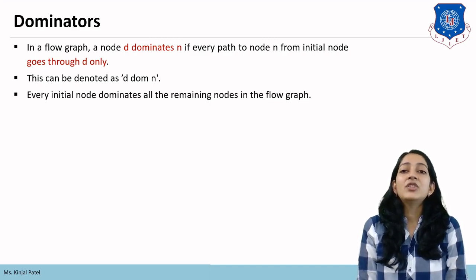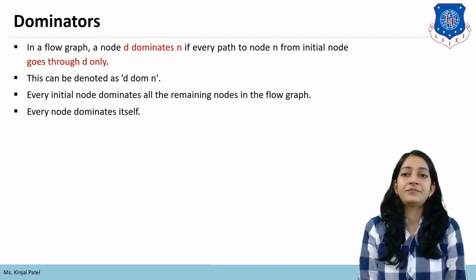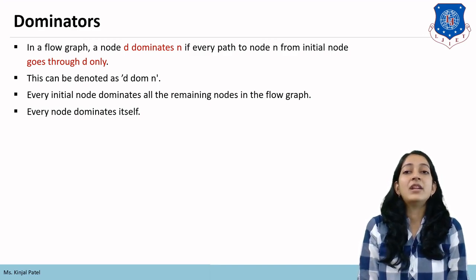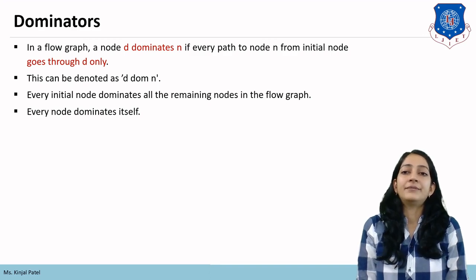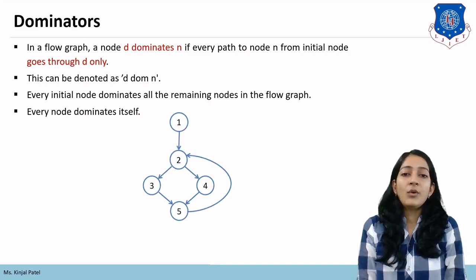Now every initial node dominates all the remaining nodes in a flow graph. So this is the first rule to determine the dominators, that every initial node will dominate all the remaining nodes in the flow graph. Then the second rule is that every node dominates itself. Now here is the flow graph.